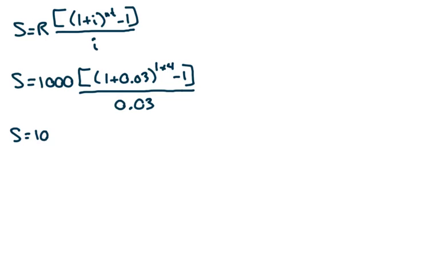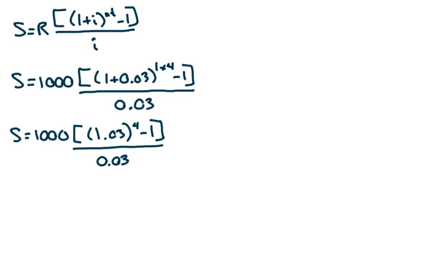Going to work this out. Inside the round bracket we have 1.03. That is to the power of 4 now. Go and calculate out 1.03 to the power of 4.